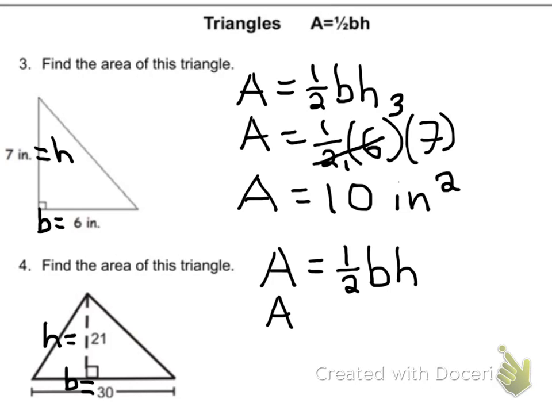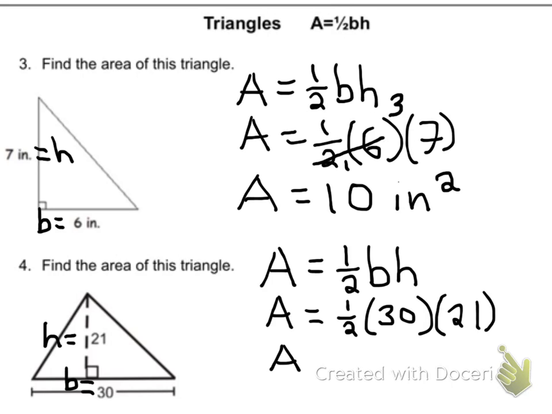So we can put those into our equation. 1/2 times 30, which is our base, times 21, which is our height. Thus the area equals, we can take 2 divided into 30 and get 15. 2 divided by 2 gives us 1. Then we have 15 times 21, which just gives us 315 units cubed.